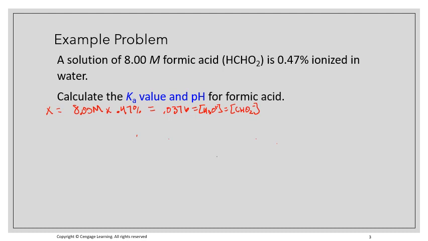So when I set my equation up, I have HCHO2 plus water forming H3O+ and CHO2-. Initially, again, for my RICE table, I'd have 8.00 molar.